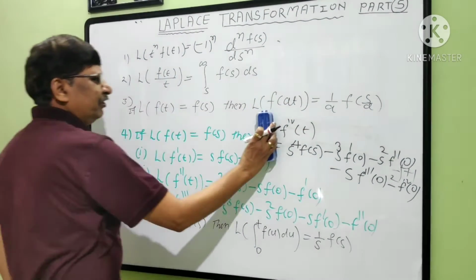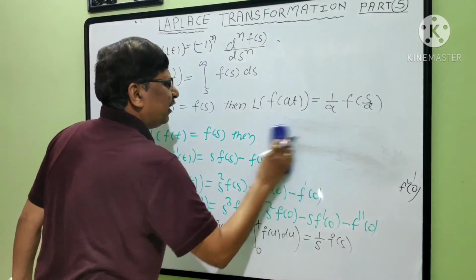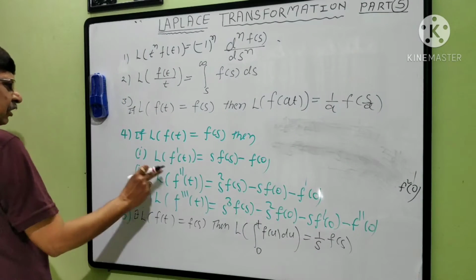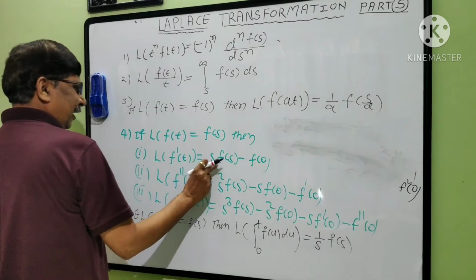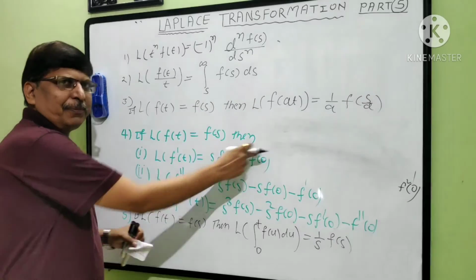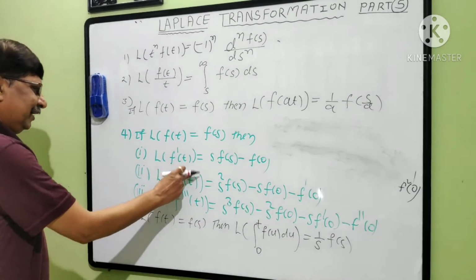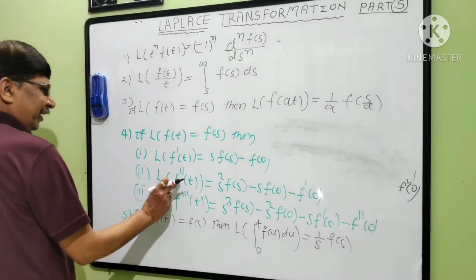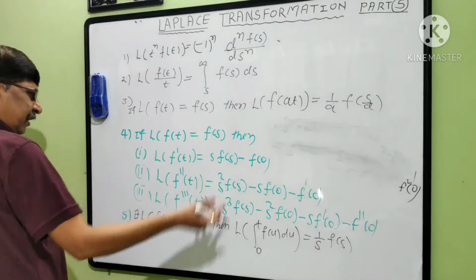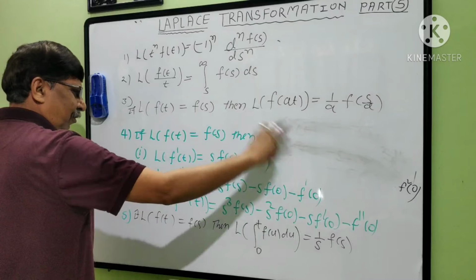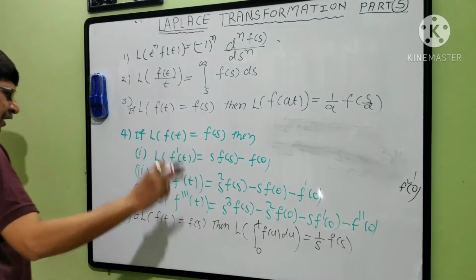Means if you want to find the Laplace transformation of the derivative, then the formula is like this: s into F of s minus f of 0. For the second derivative, it will be s square F of s minus s f of 0 minus f dash 0, like this.